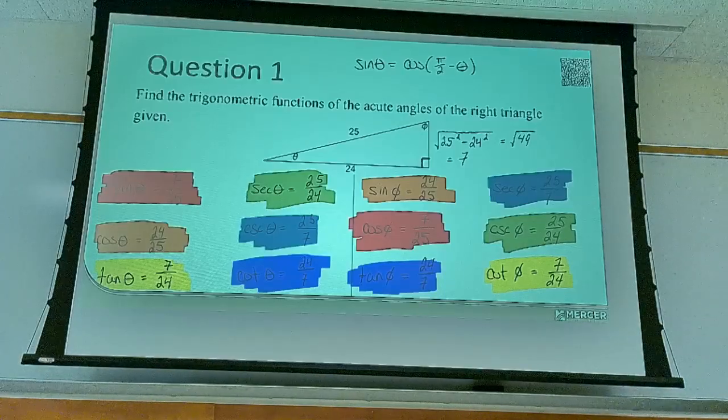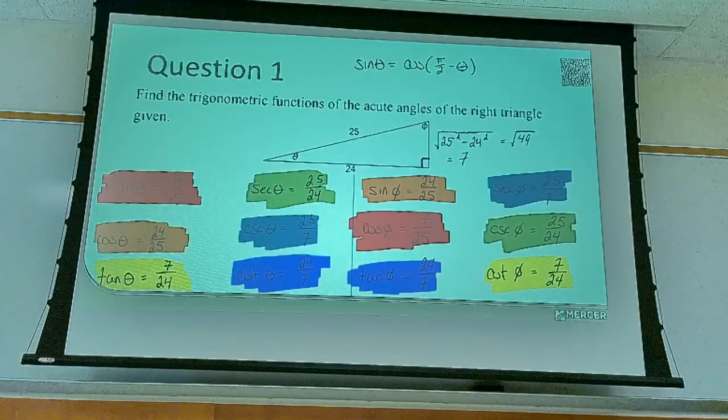So if you had theta, then you could find sine. If you knew the angle of theta, then you also know the angle of phi. But really, this just boiled down to a verification. You actually only had to do half of this work because of the cofunction identity.